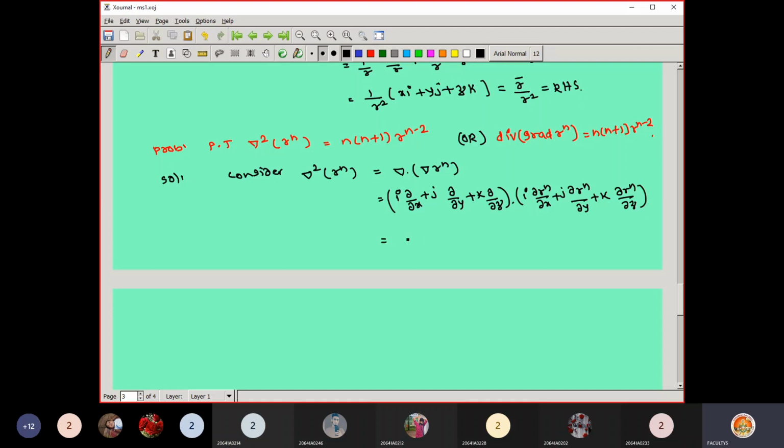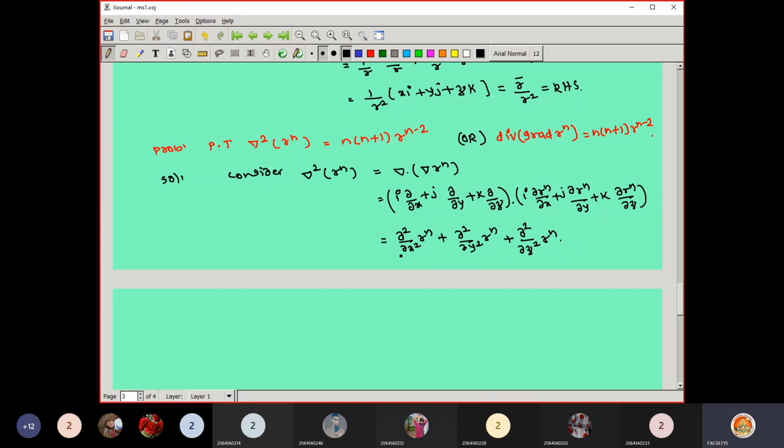So when you are taking the dot product, i is multiplied by i only, i dot i is i square, it becomes 1. So directly you are getting ∂²/∂x² of r power n, similarly ∂²/∂y² of r power n plus ∂²/∂z² of r power n. This is your del square simplification.